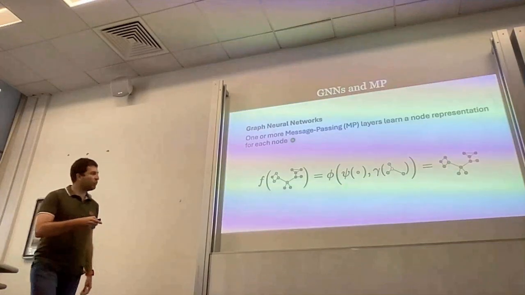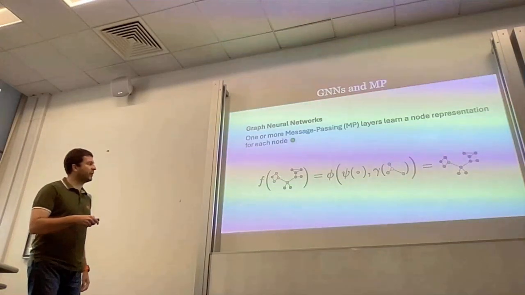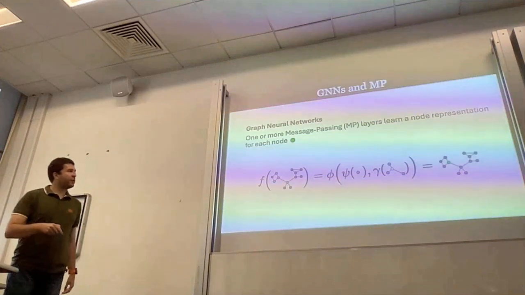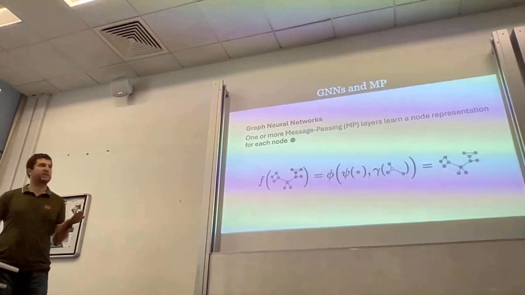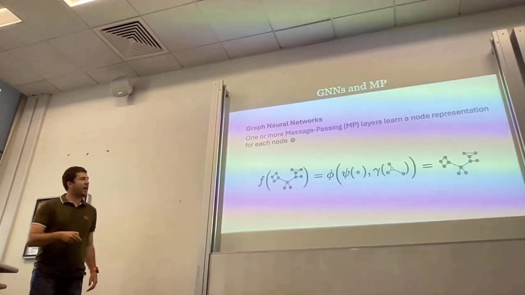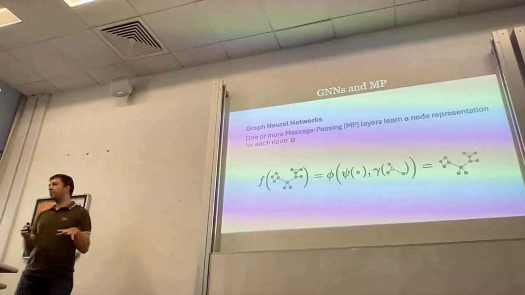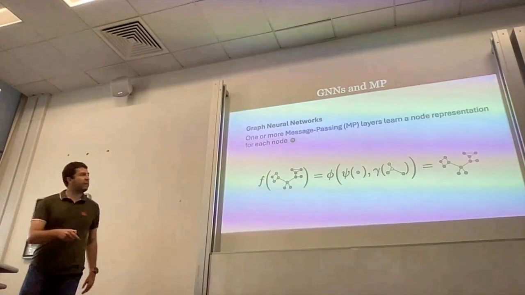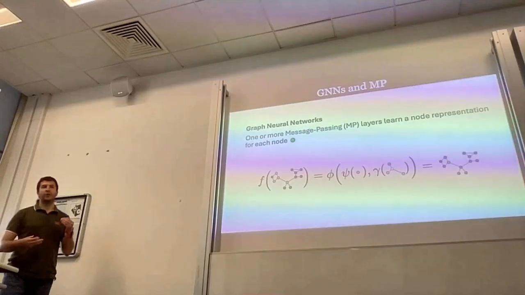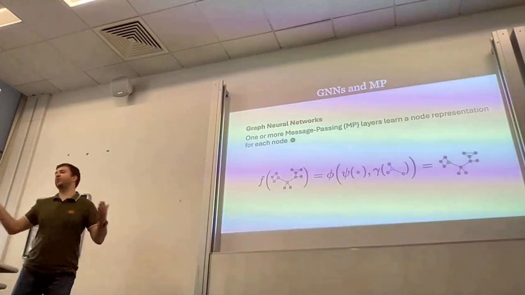Let's say that we want to learn a representation for the red node here. We apply a function which first processes the features of the node itself, another function which processes the features of the neighbors, and then a third function which combines them.